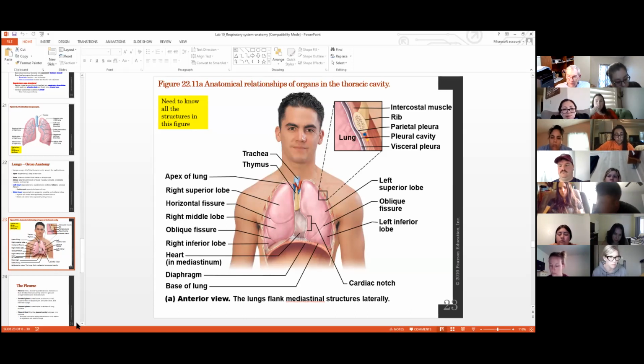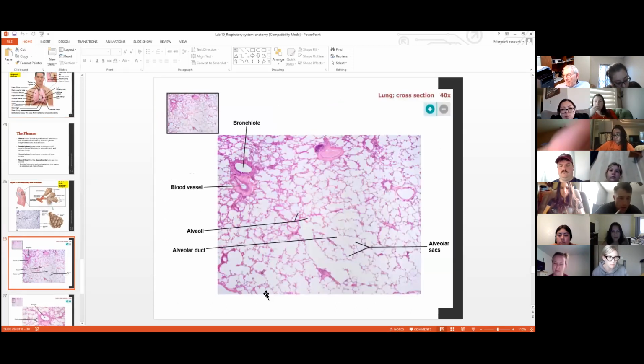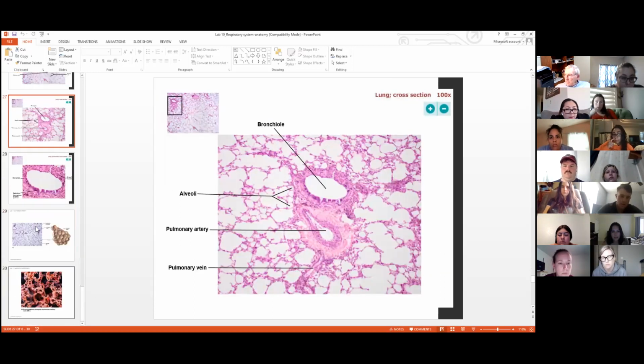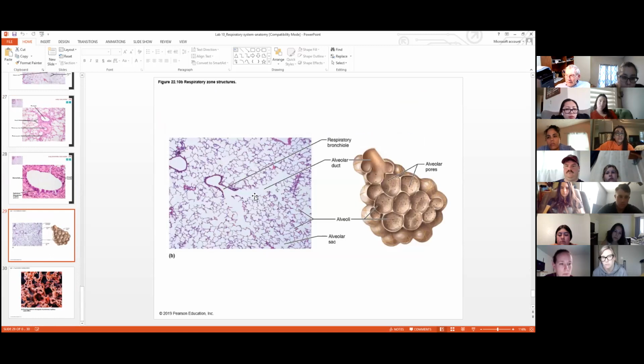And then this histological slide here, that one's not very good. Maybe one of these others somewhere that shows. Remember that we talked about these being passageways. So wherever it's clear, that means it's air. So there's no tissue. So those have to be bronchioles.